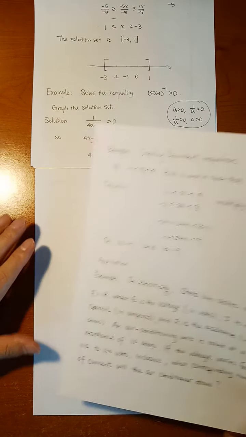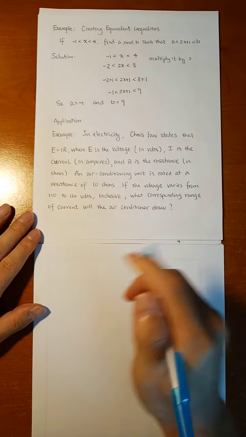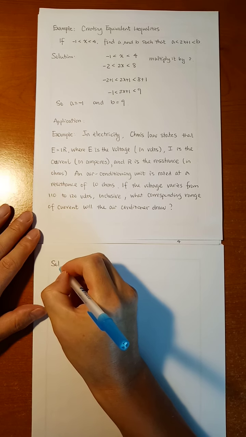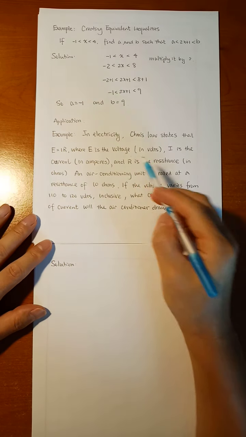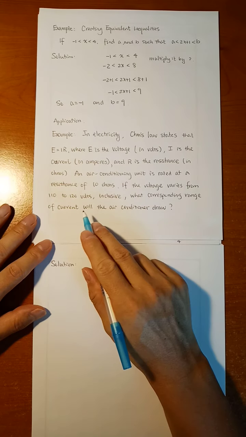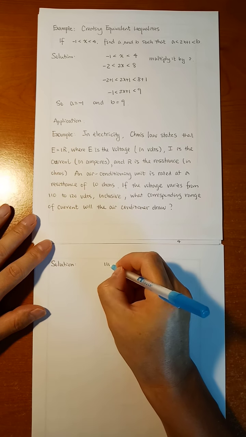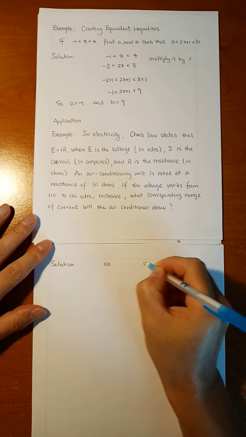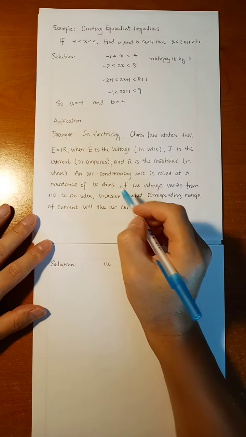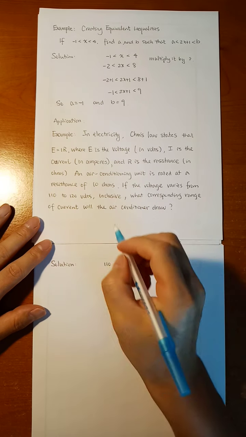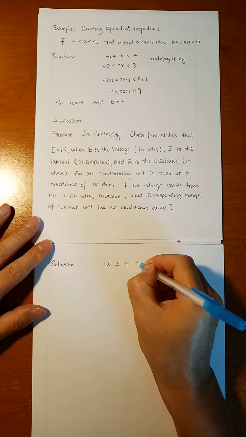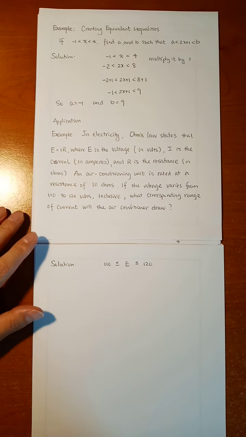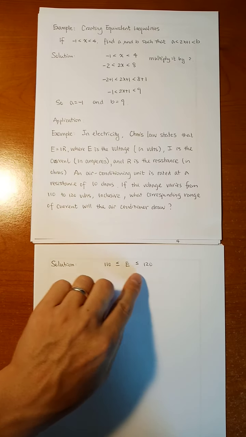Okay, so it's a simple application. We know that the voltage is between 110 and 120, and inclusive means it includes 110 and 120, so you have equality. This word inclusive means you can put the equal sign.